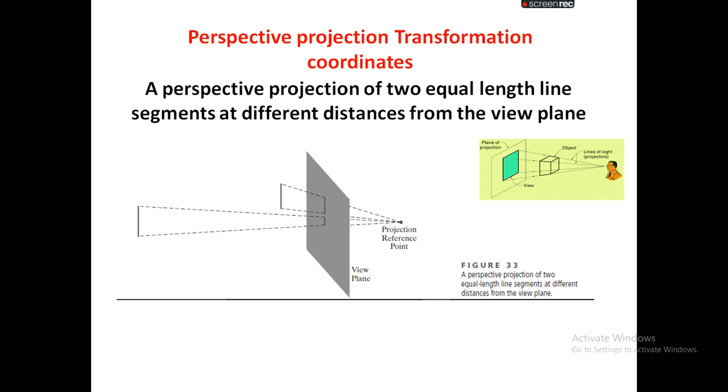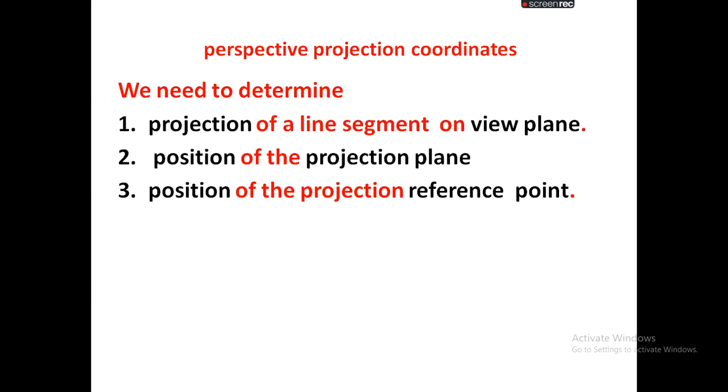The size of the object projected on the projection plane is inversely related to the distance. Objects at smaller distances look larger; objects at longer distances look very small on the camera film. So today we need to derive this particular concept.